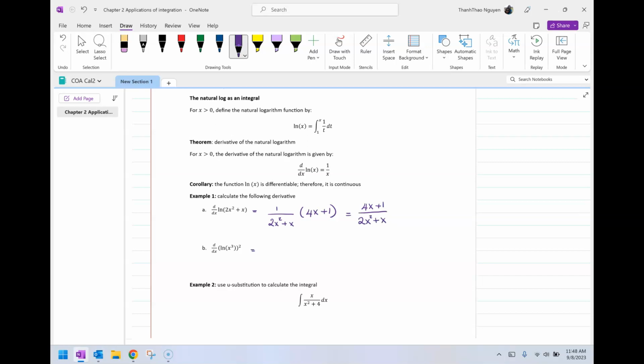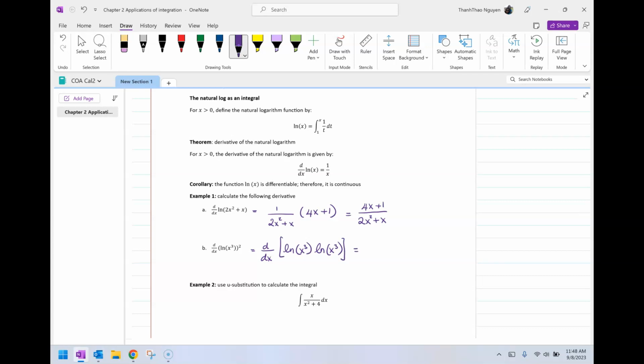In the next case, derivative of ln of x to the third, squared. So here you are looking at d/dx of ln of x to the third times ln of x to the third. Okay. So we have to use the product rule here.